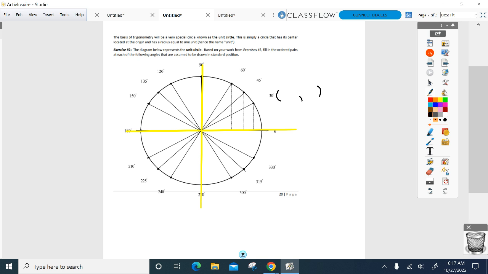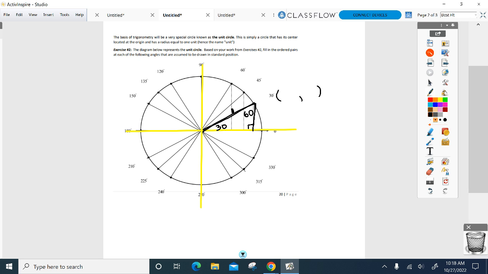Here's how you're going to help me. And please don't do this on your paper because it's going to be messy and I can erase and some of you can't. See this right triangle I'm making right now? We're good? What's the length of the hypotenuse? It's the unit circle. 1. Okay, 1. If I'm at 30 degrees, this angle's 30, meaning this angle's what?